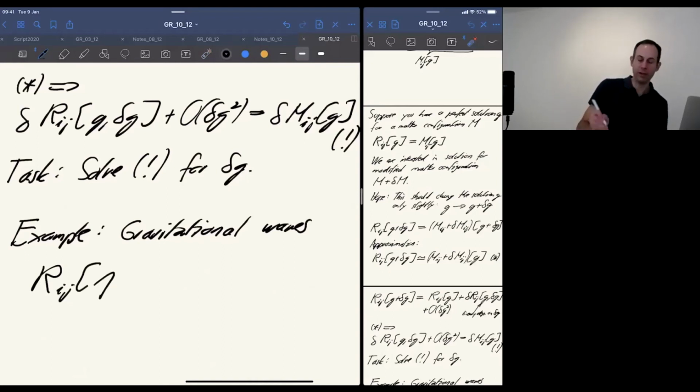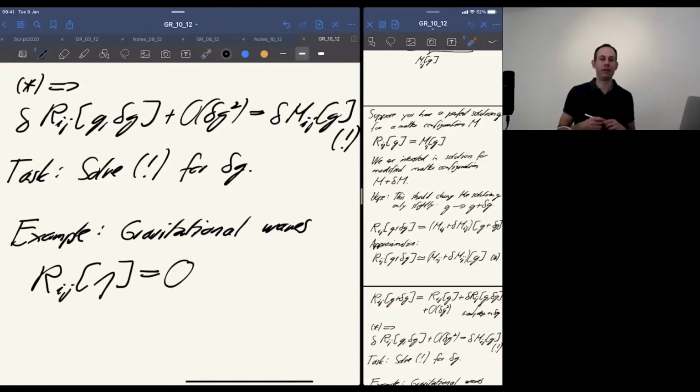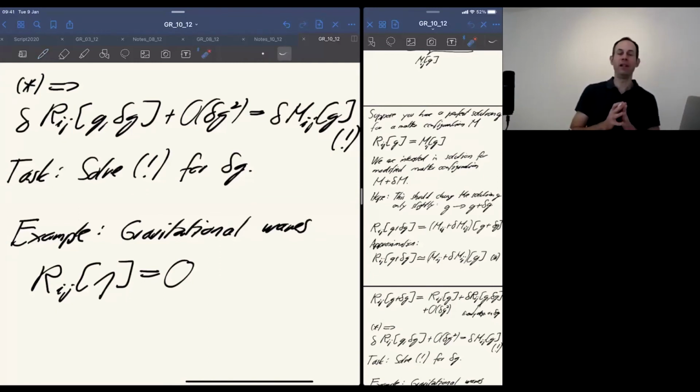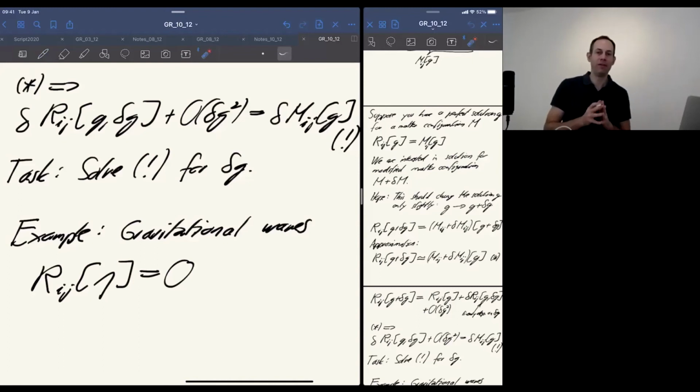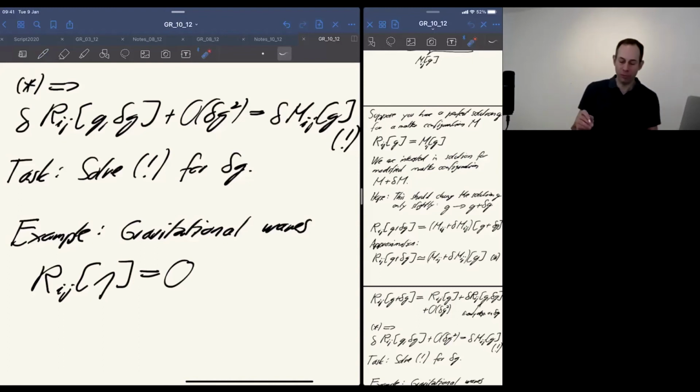We could also take another solution like the Schwarzschild solution and look at how a gravitational wave propagates within the potential of a star, for example. But let's not do that. Let's just study the simplest case where we say we already have a vacuum solution of Einstein's field equation, at least one, namely the one where we have flat spacetime. That's a possible solution. So this is eta, that's just a flat metric.